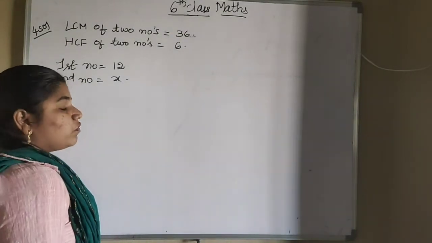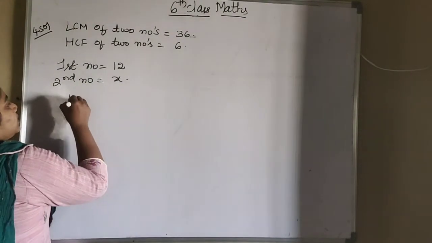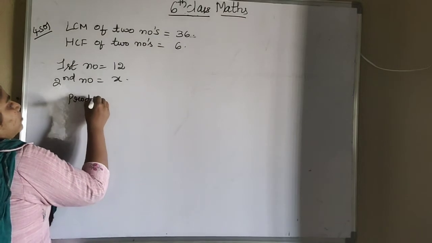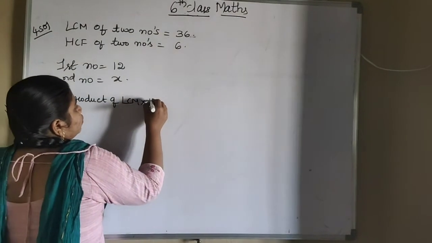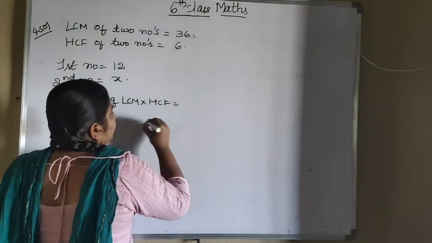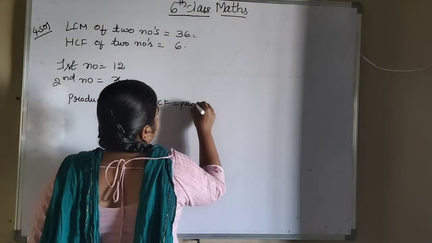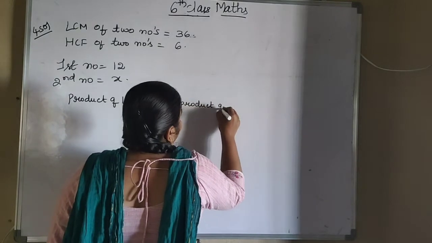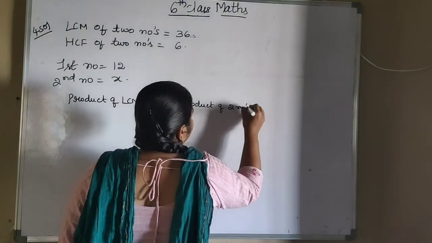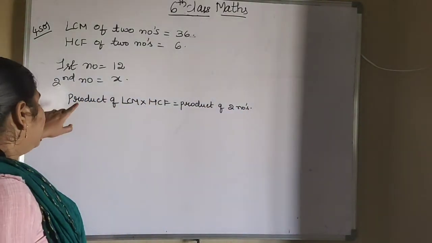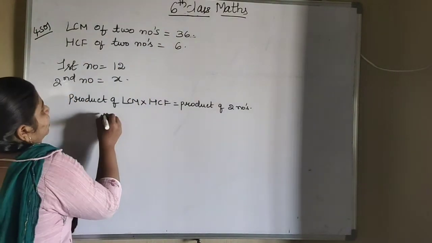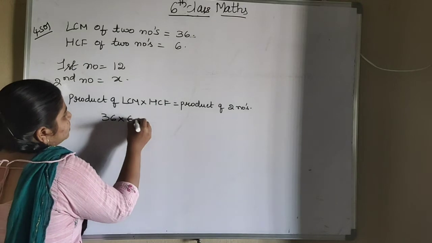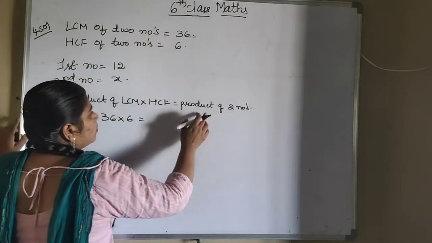By using what will we find this X? That is, the product of LCM into HCF is equal to the product of two numbers. That means we multiply LCM and HCF: 36 into 6 equals the product of two numbers.